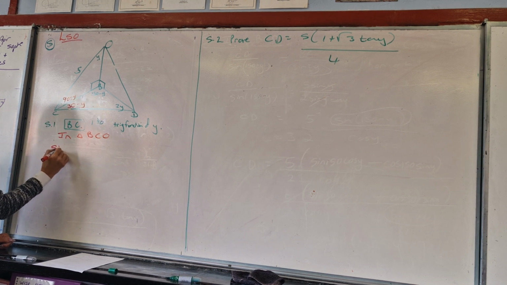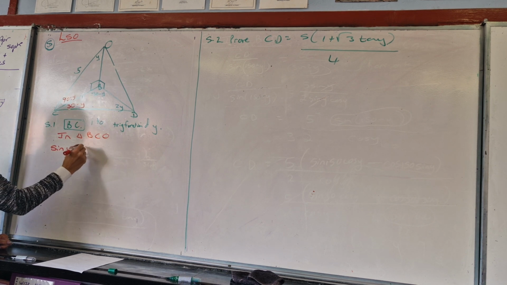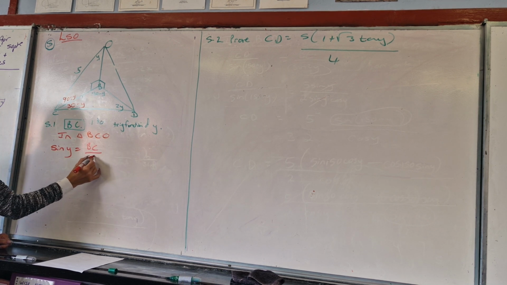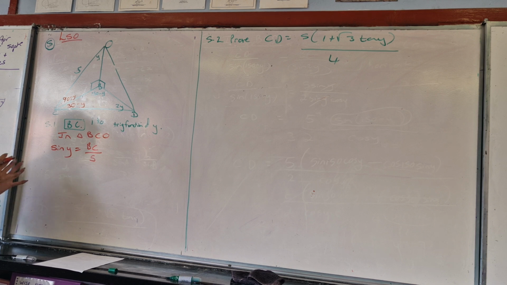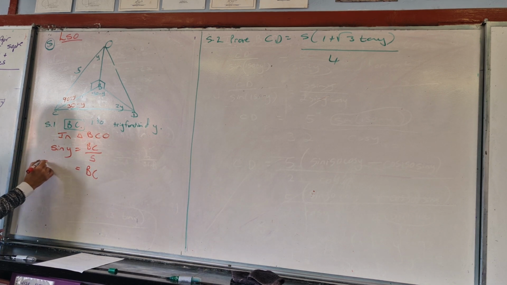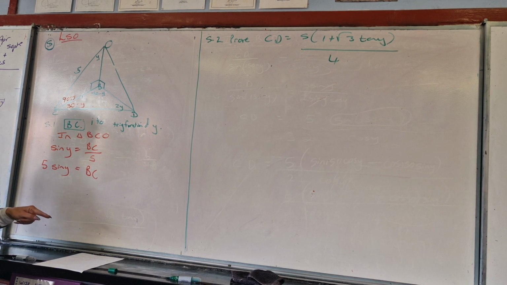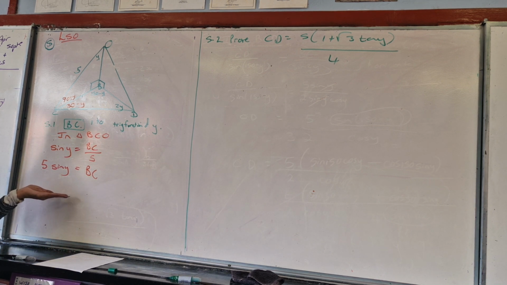I could say it's the sin of y. The sin of y is opposite, which is BC, over hypotenuse, which is 5, and that's grade 10. If I do want to then write down BC, it will be 5 times sin y. And the question was, write BC in terms of a trigonometric function of y. It is a trigonometric function of y.